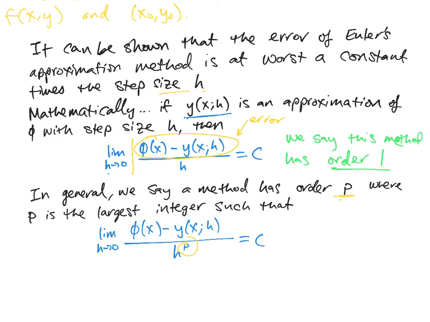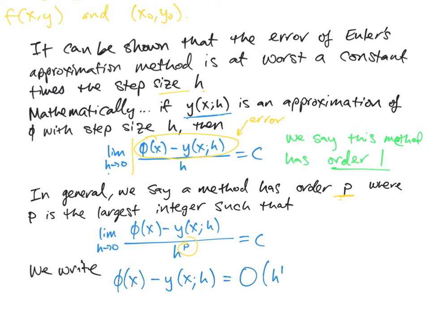And then the last thing to say, the last notation thing, is that if you have an order p, we write phi of x minus our approximation y of x, h is equal to what we say is big O of h to the p.